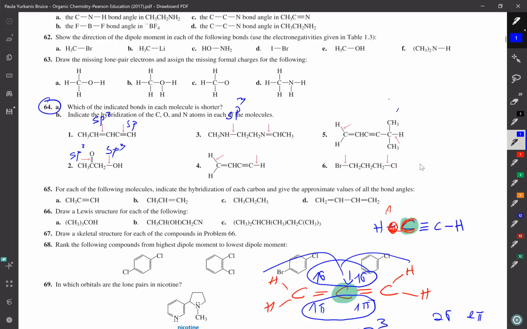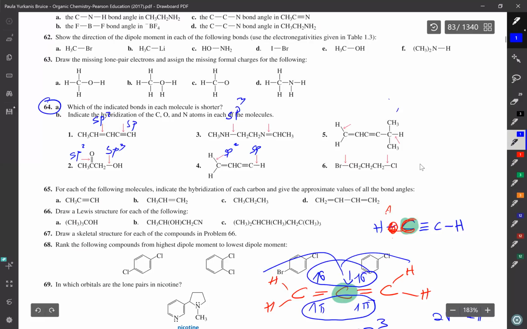Here, we're indicating this bond. Because that bond originates from a carbon that is connected to a double bond, that would be an sp2. This bond originates from a carbon that is connected to a triple bond, so that would be an sp. Does that make sense?